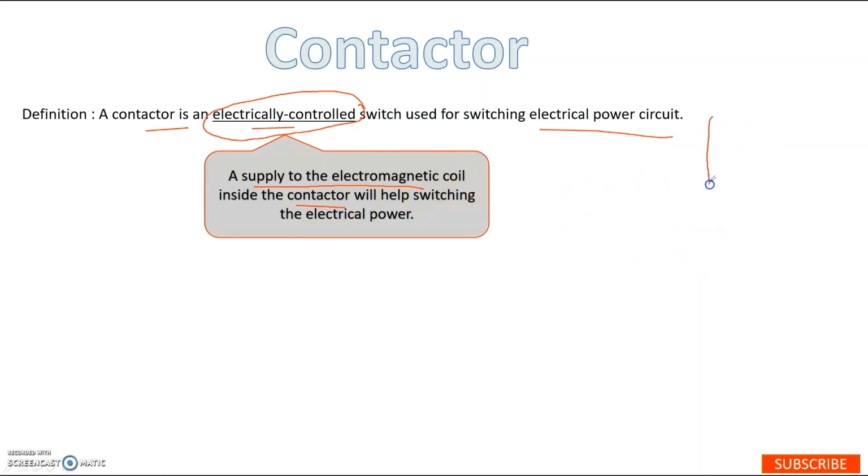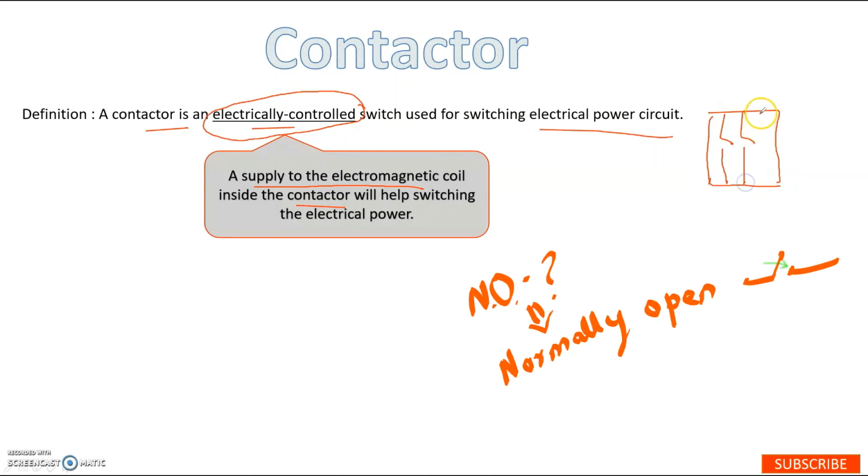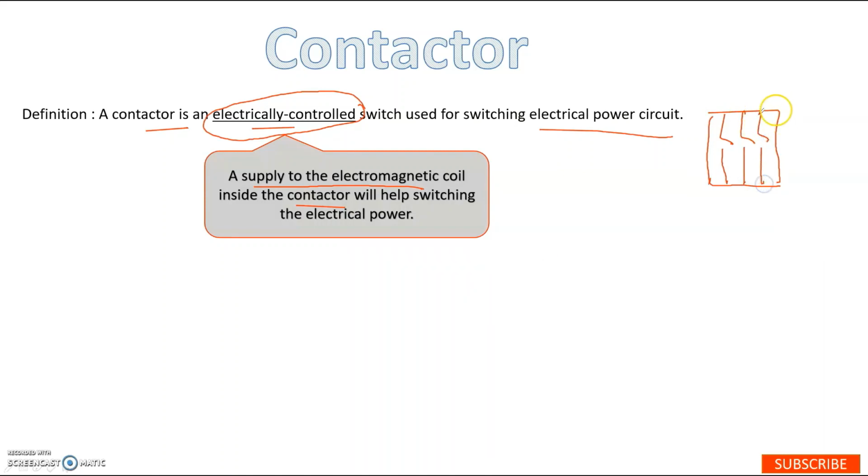If you see the contactor, suppose I have a three-phase contactor, it will be having three NO contacts like this. Minimum, I'm saying, 3 NO contacts will be there, and it will be having two contacts for the coil. There will be a coil and two contacts generally denoted by A1 and A2.